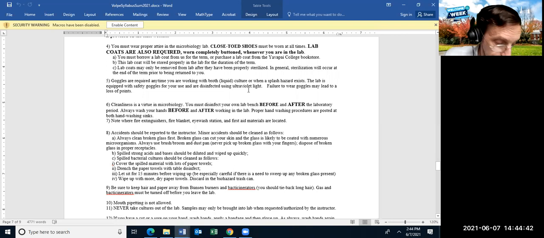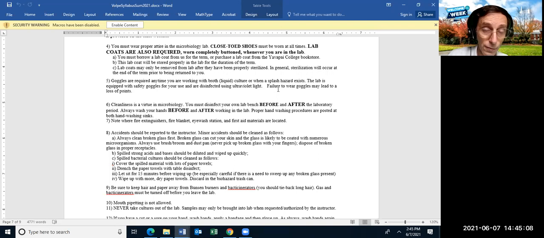And when you come into the lab, you should wash your hands after you put away your books. Wash your hands and put on gloves, put on your lab coat. Okay? And then go to your workbench, and actually you should then clean or disinfect your work area, your workbench area.